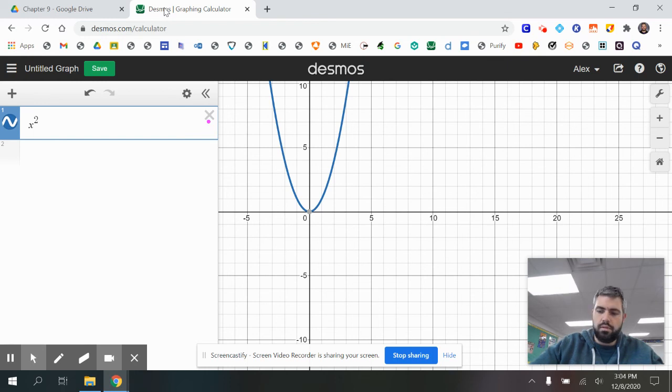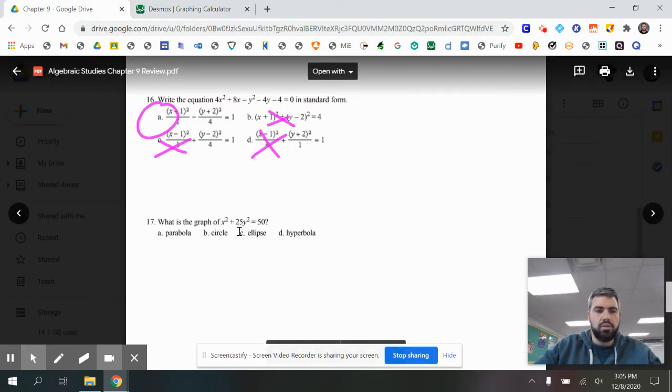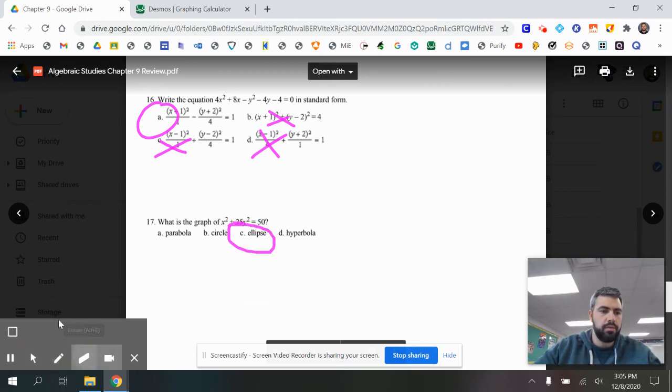Squared plus, obviously this is an ellipse, right? Because it's skinny, long. So for sure, then our answer for that one is going to be C.